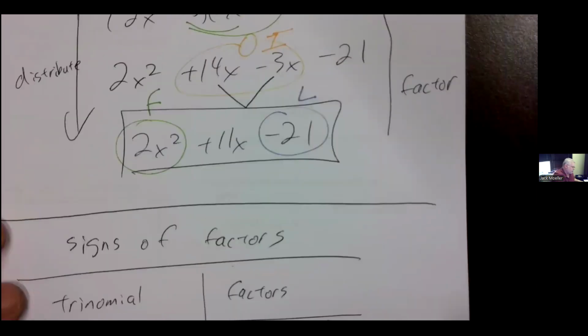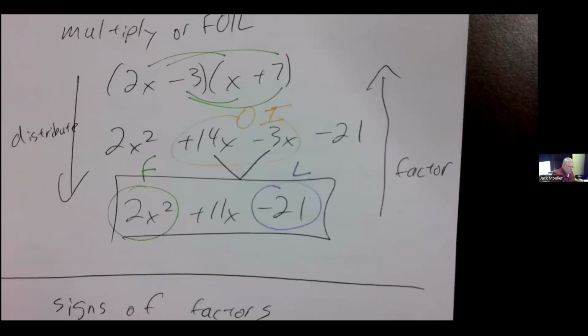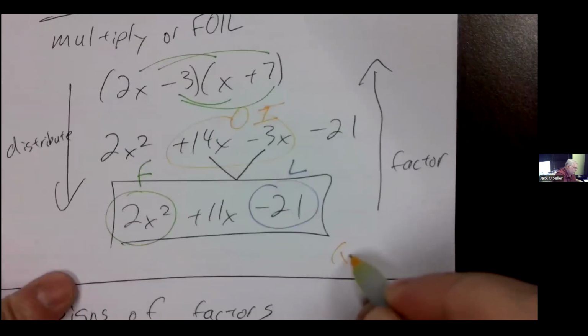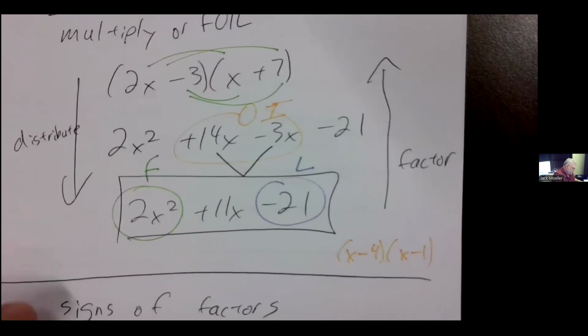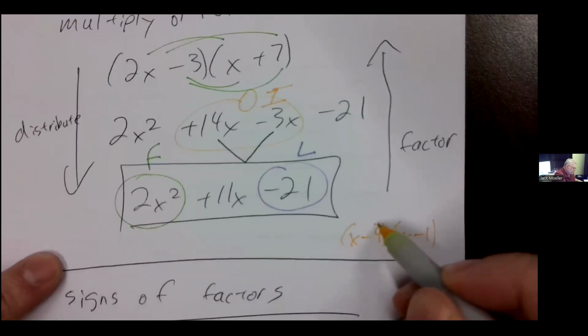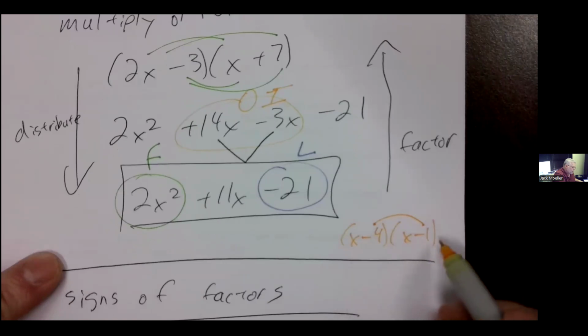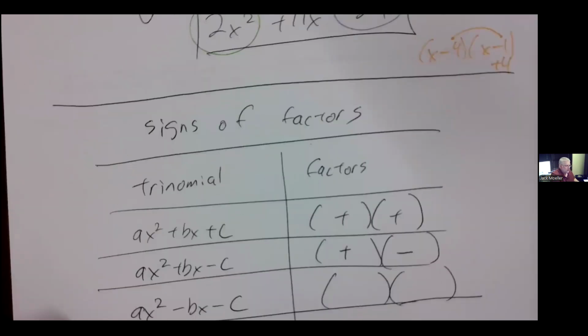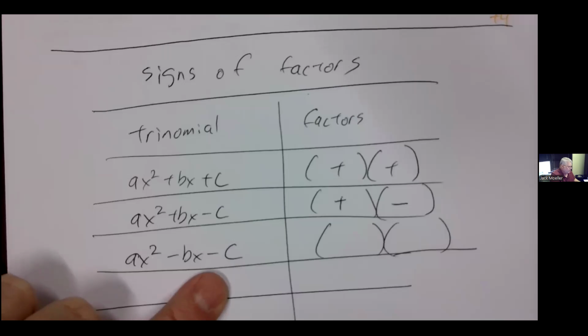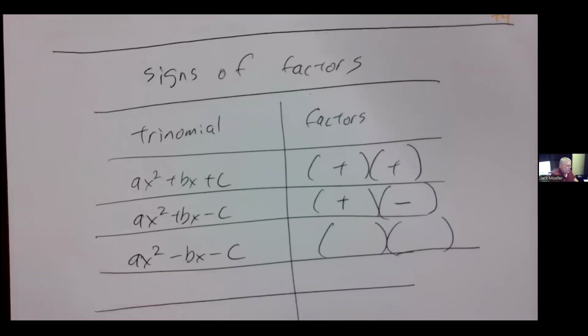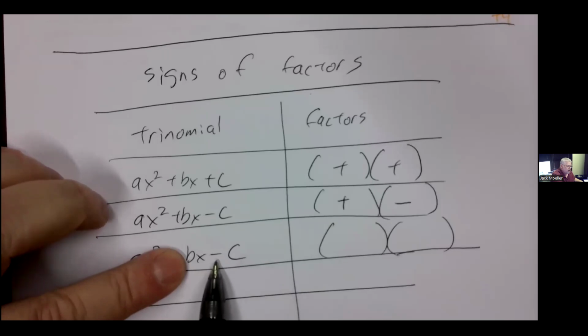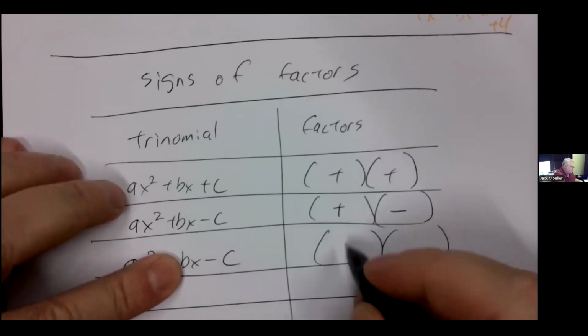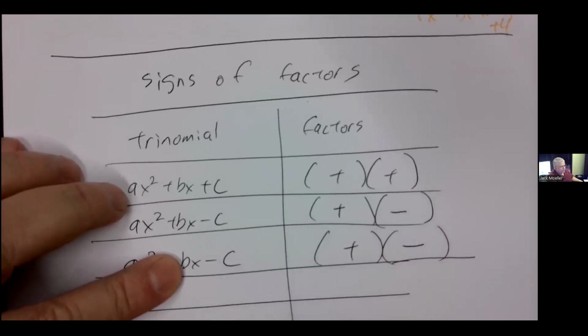If you think about it this way, what if you do x minus 4 times x minus 1? Well, if you FOIL that out, in just the number part, negative 4 times negative 1 is plus 4. That's not going to give us a minus right here. So again, the only way that you're going to get a negative when you're multiplying two numbers is if the signs are different.